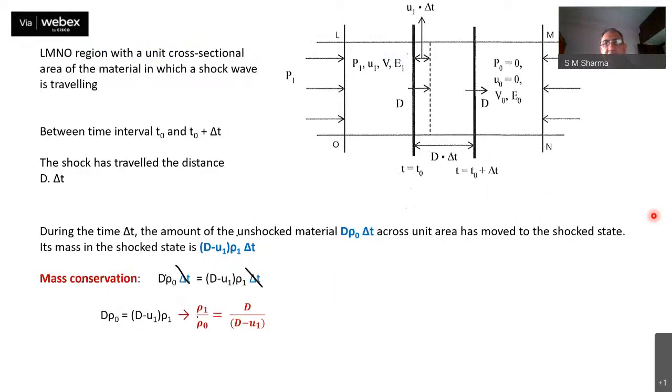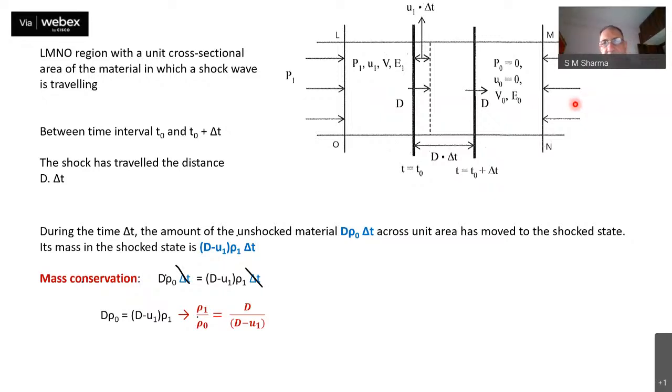So here is a set of arguments. Look at a cross section LMNO, and suppose normal to this we are looking at unit area, along the direction which we call the x direction. We are looking at a shock wave propagating across a unit area.